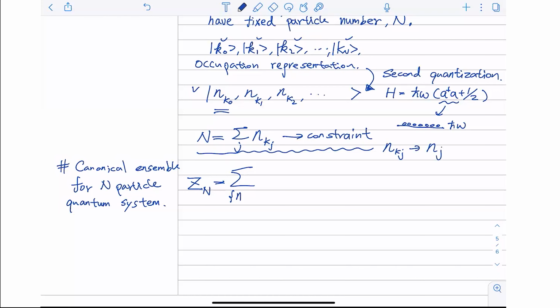If we use this notation, the partition function is that we need to sum over all the possible configurations, or all the possible occupation numbers, and we impose a delta function, which is like the if statement in our calculation.